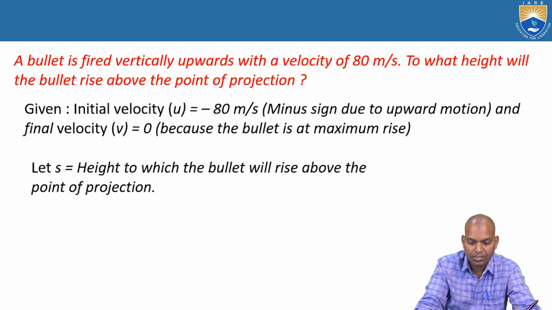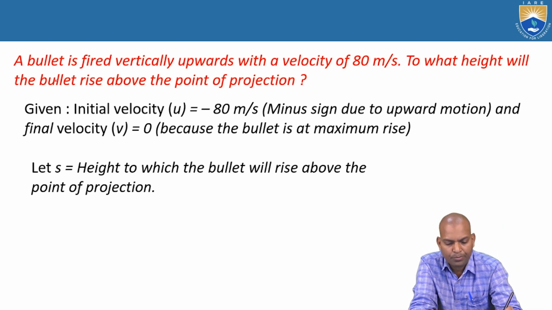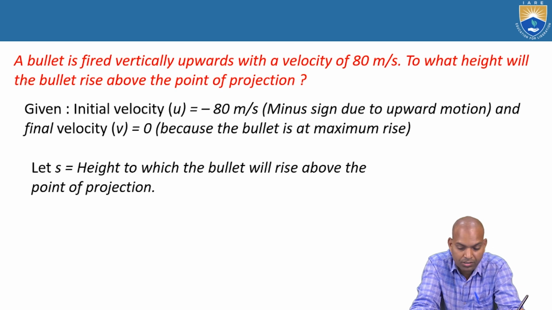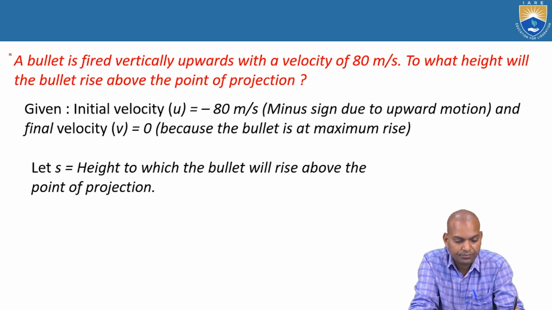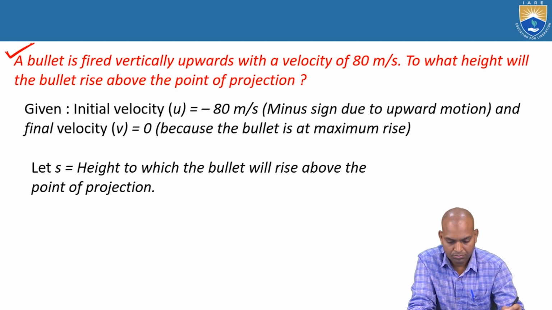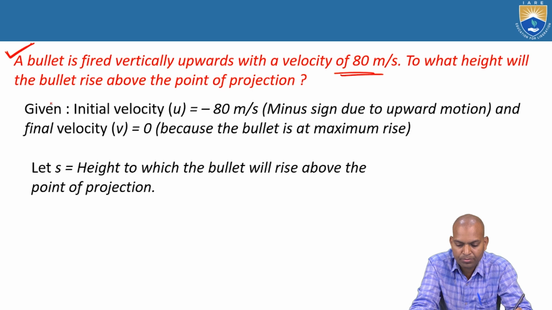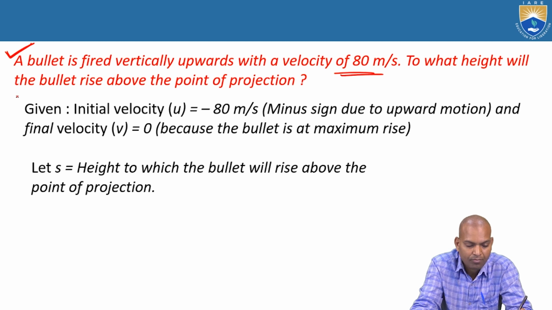The next one: a bullet is fired vertically upwards with a velocity of 80 meters per second. To what height will the bullet rise above the point of projection?